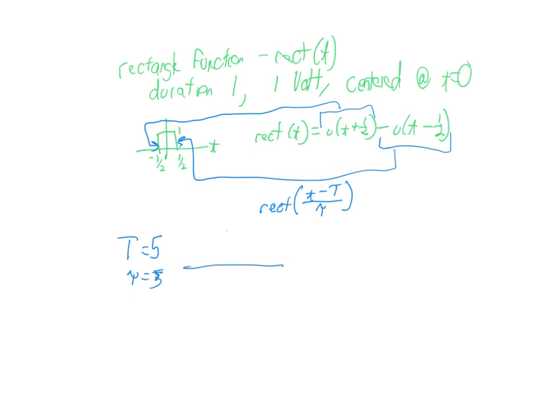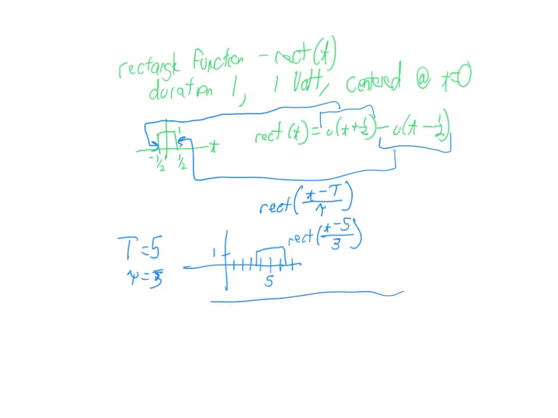And if I draw the rectangular function for that, here at time 5, I'm going to have the rectangular pulse. The duration is 3, so it goes from 3.5 to 6.5, and it has amplitude of 1. So that would be my rectangle at t minus 5 over 3.